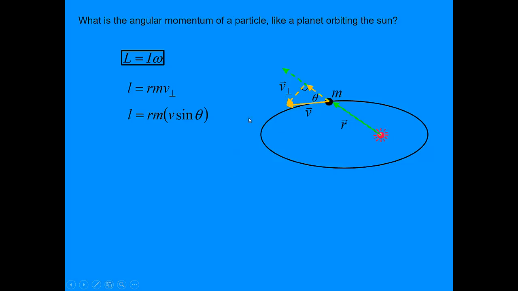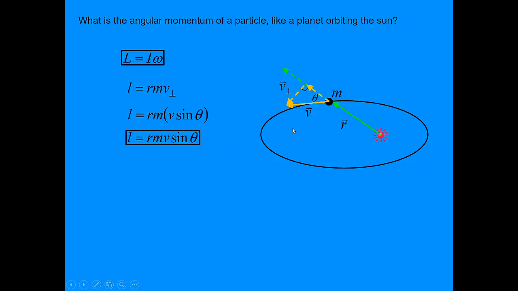That's the perpendicular part of V. And that makes the angular momentum of a particle R M V sine theta, where theta is the angle between R and V. R M V sine theta. See how this is a lot like torque, which is R F sine theta?